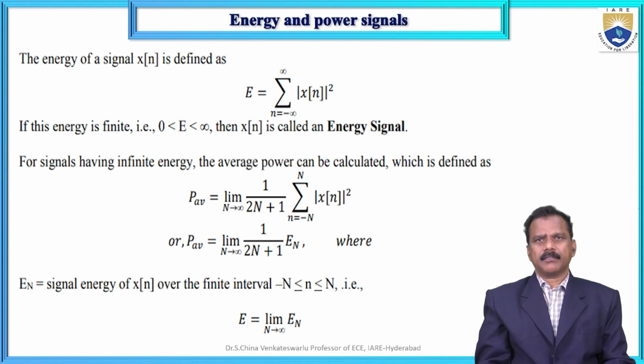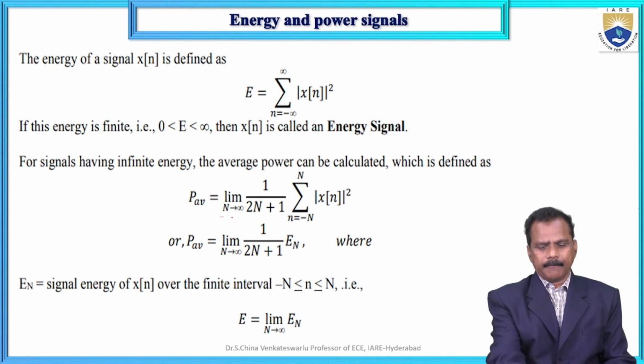For signals having infinite energy, the average power can be calculated, which is defined as P average equal to the limit as N tends to infinity of 1 by 2N plus 1 times the summation from n equals minus N to N of mod x of n squared.